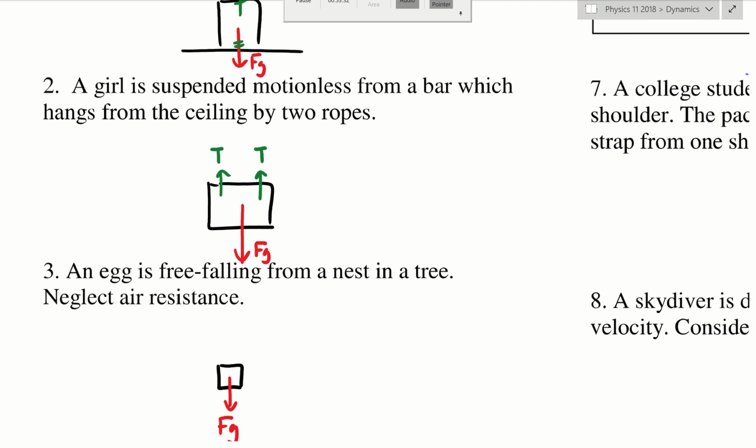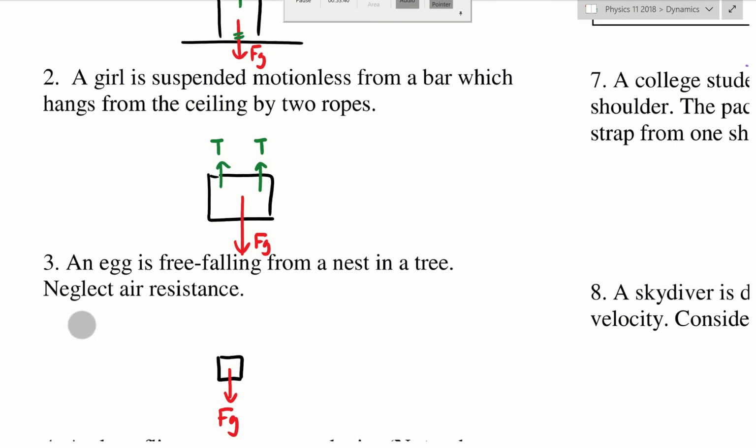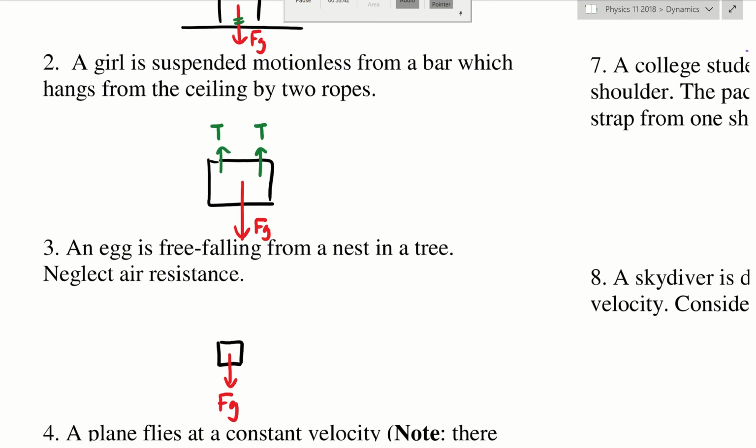Okay, so we have someone hanging on a bar, like a monkey bar, when you go to the playground. So 2 arms supporting the body weight. The body weight, which is force of gravity, goes down, right? Now, you can see I have 2 tensions going up because the 2 arms are supporting yourself, not 1 arm.